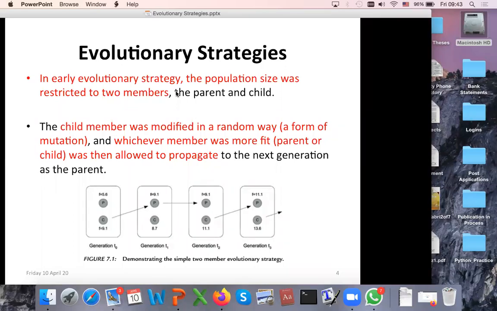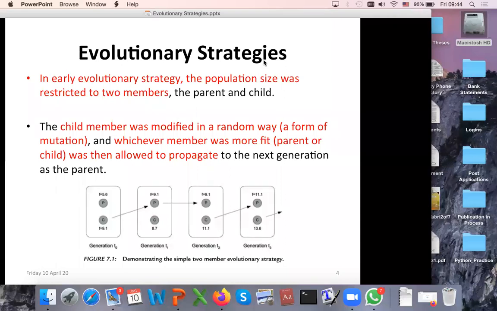Normally people categorized those schemes or algorithms as evolutionary strategies, and especially things related to local and optimized searches they normally kept in this category. There was a concept of population, and the population only contained 2 members: one is the parent, the other is the child.